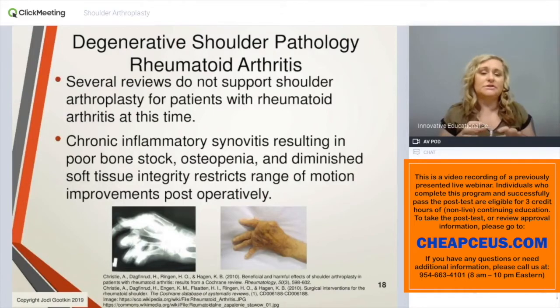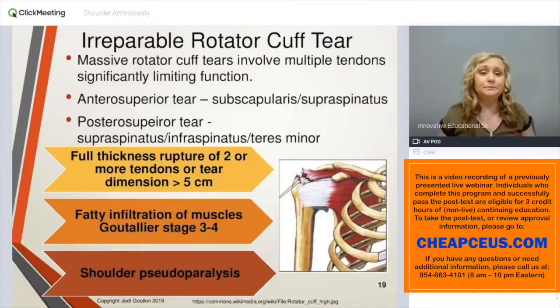So currently the research says, and this may change as we have more advances, that for individuals with rheumatoid arthritis, if they do undergo a shoulder arthroplasty, it's more to decrease their pain. It doesn't restore that much function for them. But by decreasing pain, it may have a significant positive impact on their quality of life.